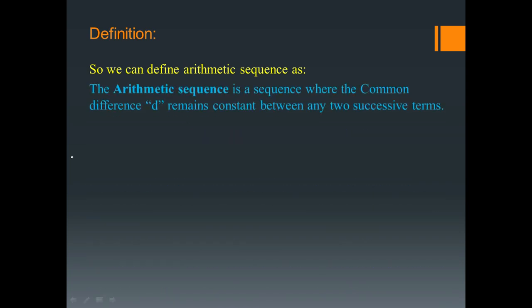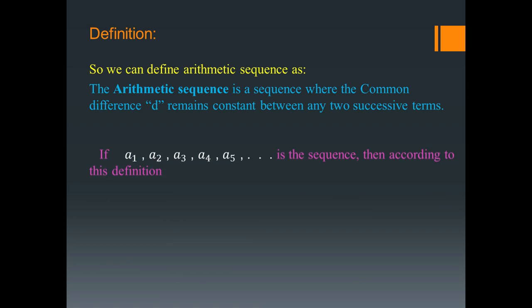So according to this definition, taking the example in mind, we can define arithmetic sequence as a sequence where the common difference d remains constant between any two consecutive terms.